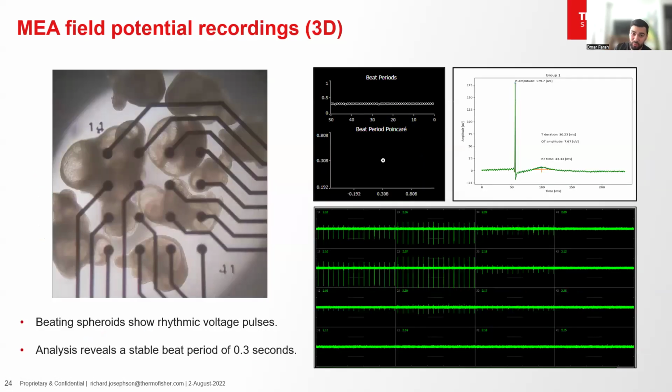Our R&D team actually went one step further, and they were able to take these intact cardiac organoids, I should say, in their 3D format, and place them on these multi-electrode assays to measure their rhythmic voltage pulses, but in a 3D context without dissociating them. In this case, you can see this little guy, we can detect a stable beat rate of 0.3 seconds.